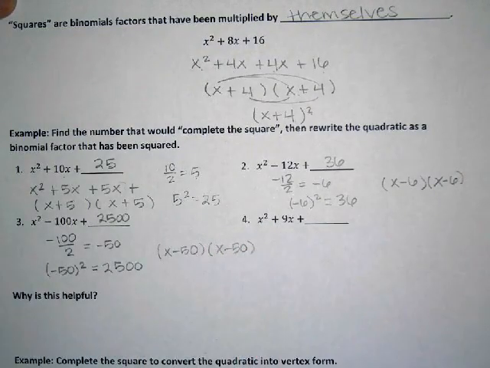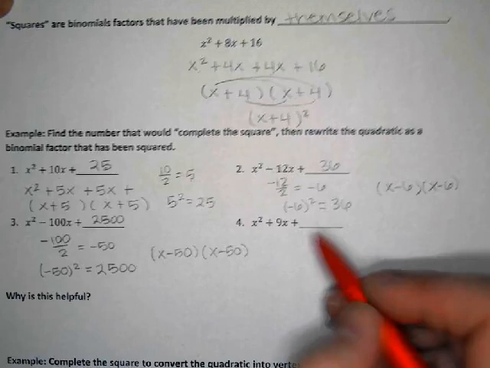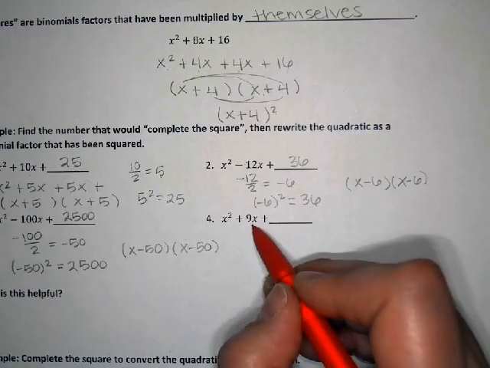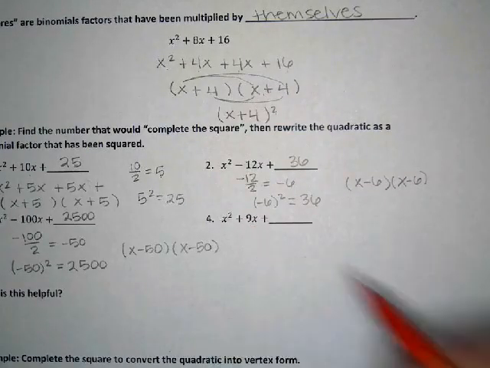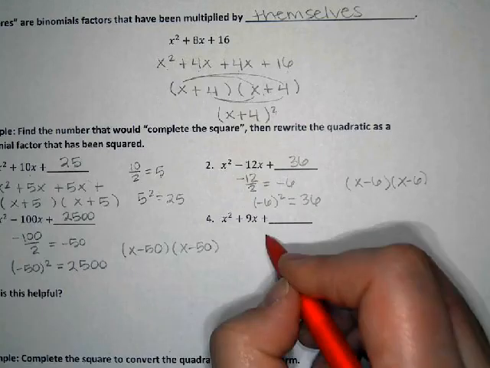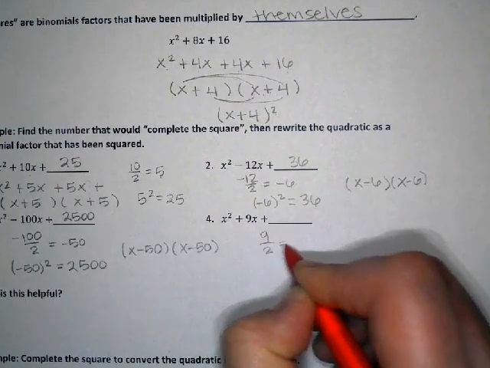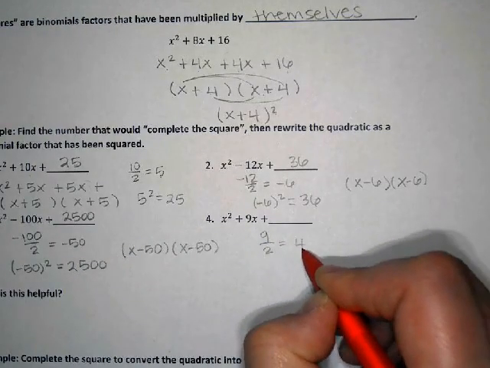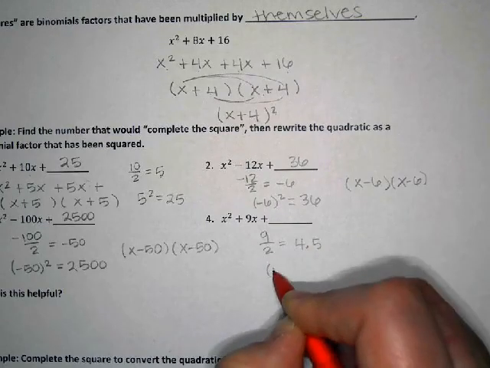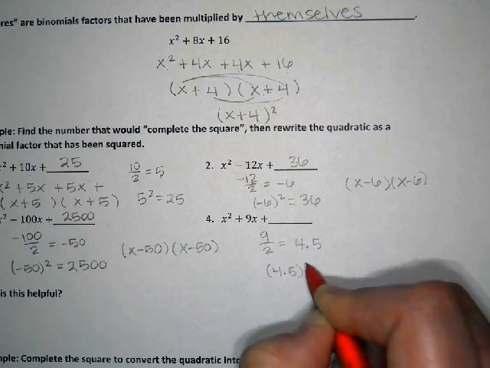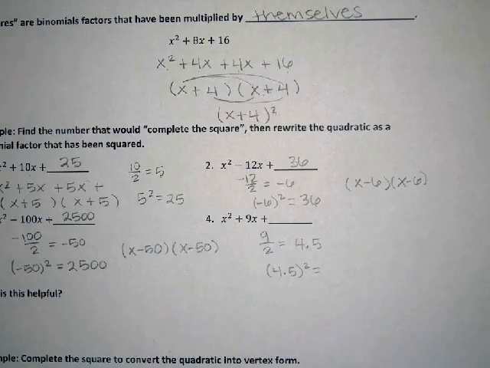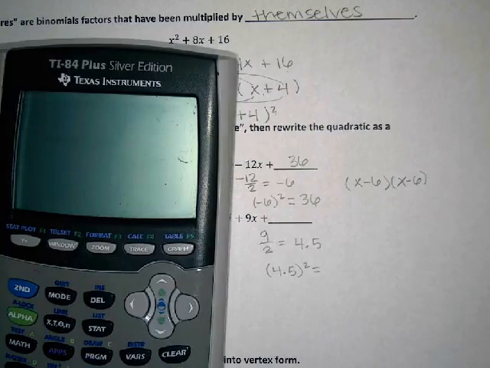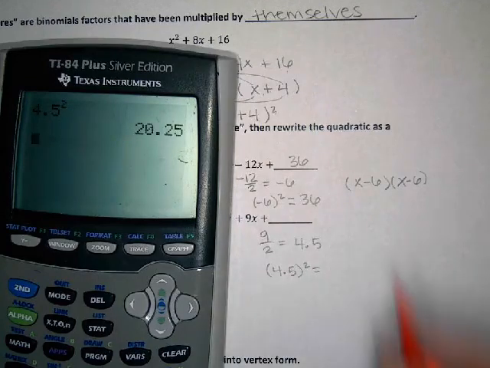Okay? What about this one over here? 9 divided by 2 is 4.5. It's a decimal. And then 4.5 times itself. Need a calculator for this one. 20.25.